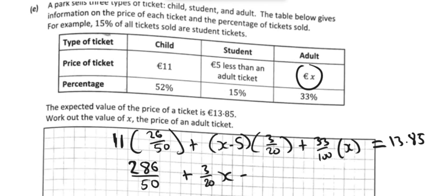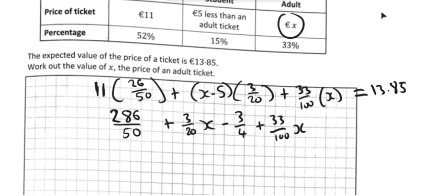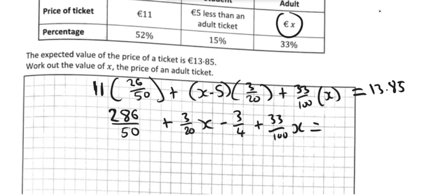So it'll be minus 3 over 4 plus 33 over 100x is equal to 1385. So I'm going to multiply everything by 100.